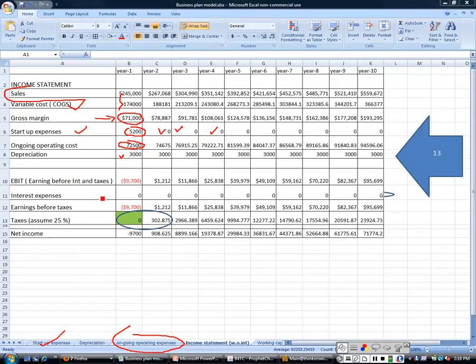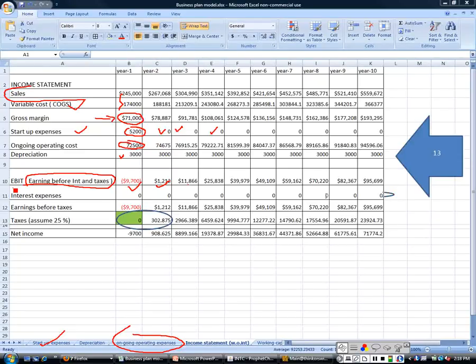And so now what I have is what is called earnings before interest and taxes. Earnings before interest and taxes. And again, if I do the math, I will come up with a negative 9,700, and then I got a positive number over here and a positive number over here, and so on.